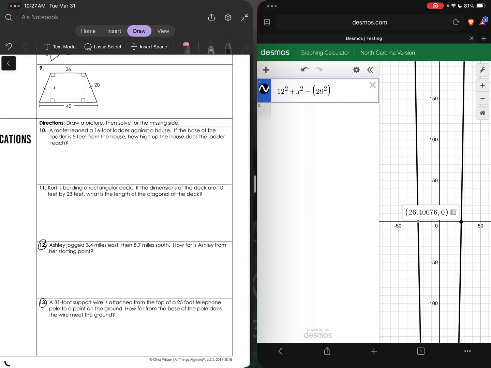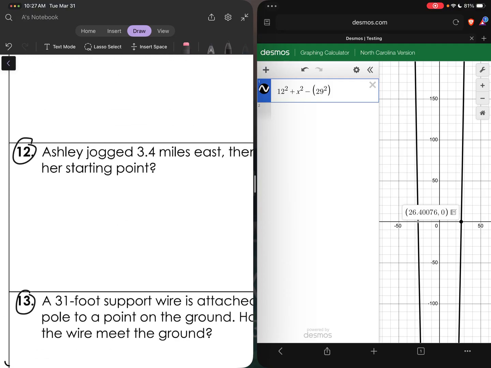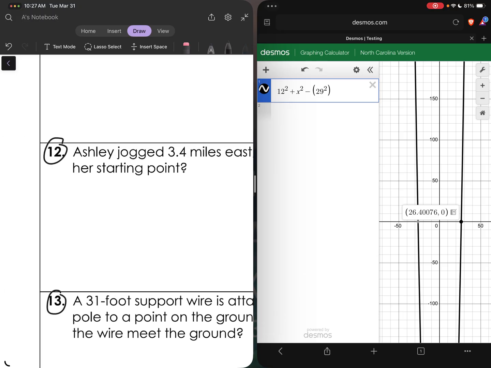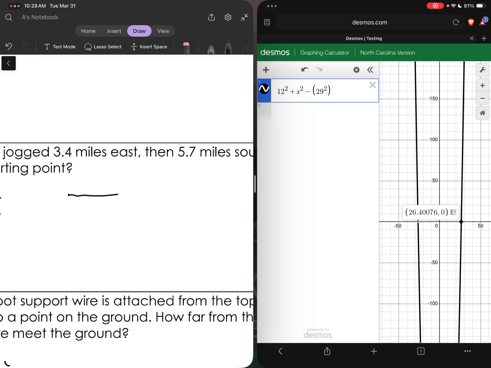For these applications, I'm going to let you do numbers 10 and 11. I'm going to do 12 and 13. Ashley jogged 3 miles east, then 5.7 miles south. Make sure you know the directions on a compass. Never eat soggy waffles. Okay, northeast, southwest. So she's jogging 3.4 miles to the east. Then she's going to turn and jog 5.7 miles south. And I want to know how far she is from her starting point.